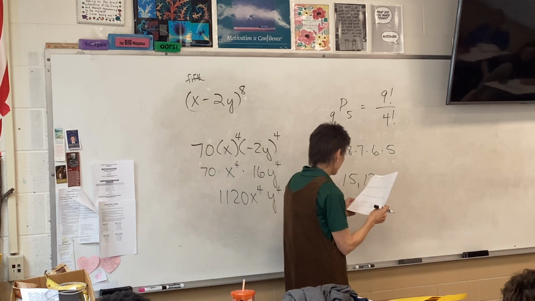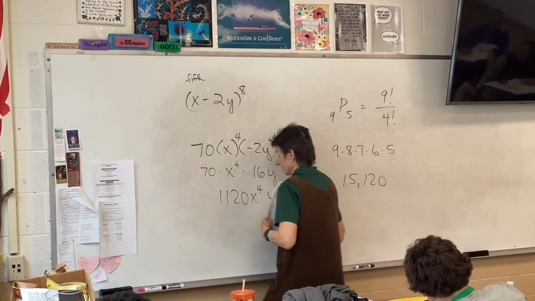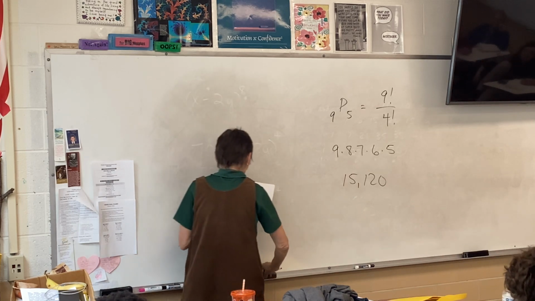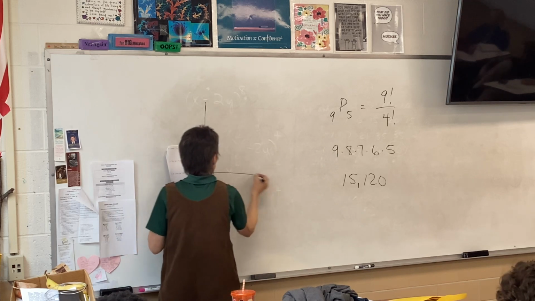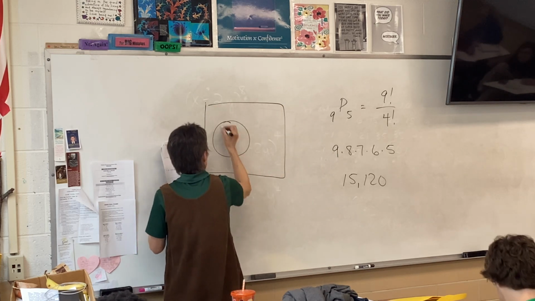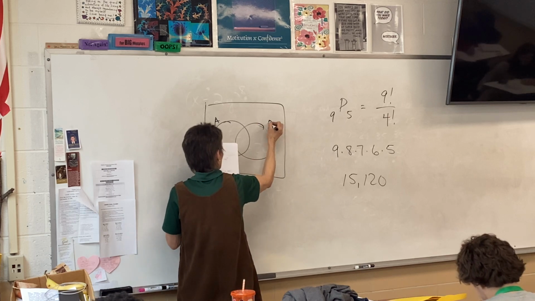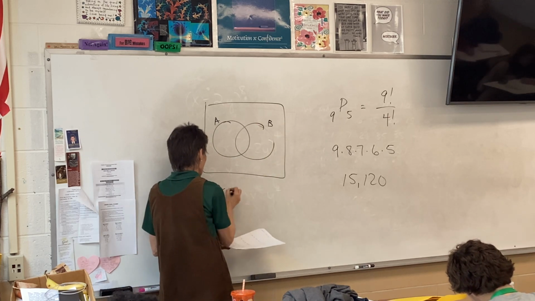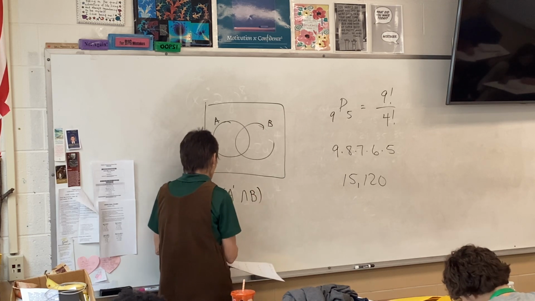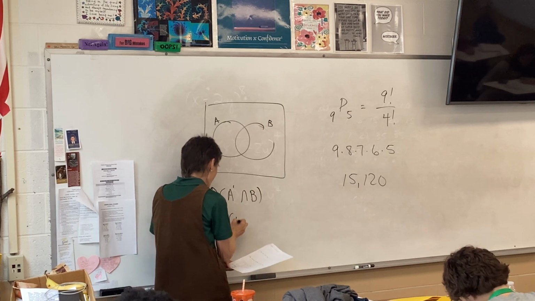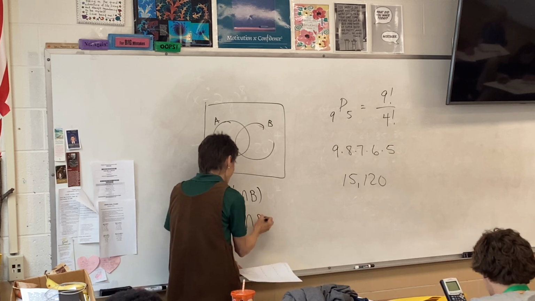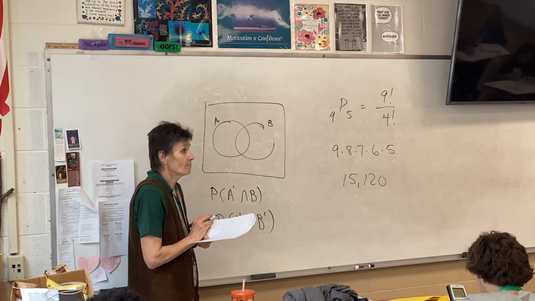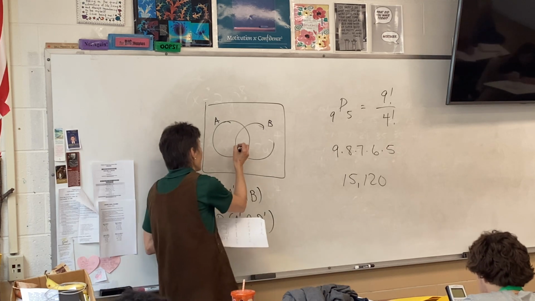All right, number 15. Here we go, we got the apples and bananas. Take a look at the given and tell me how I should fill in my Venn diagram. The middle is going to be 0.55.